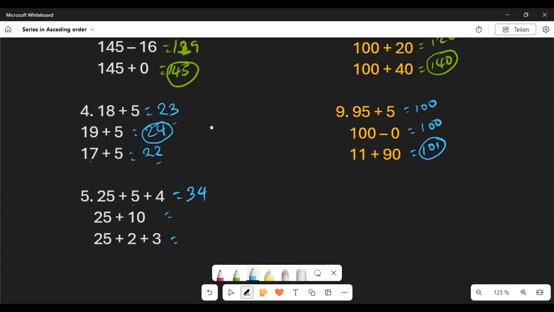Then we have 25 plus 10 will give us 35. And then 25 plus 2 will give us 27, plus 3 will give us 30. So in this case, we have 30, 34 and 35, and 35 is the largest answer. So that is how you deal with numbers like this.